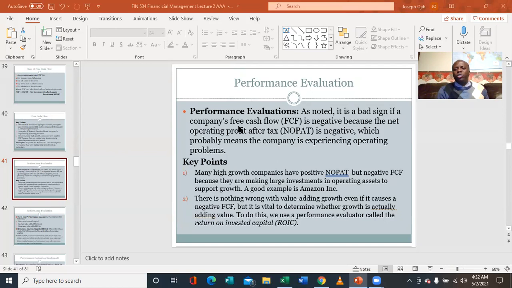In my previous lecture, I mentioned that it is a bad sign if a company's free cash flow is negative, for the simple reason that it shows that the operating profit after tax, which is called NOPAT, where N stands for net, O stands for operating, P stands for profit, A for after, and T for tax, is negative, which means that the company is really experiencing some operating problems.